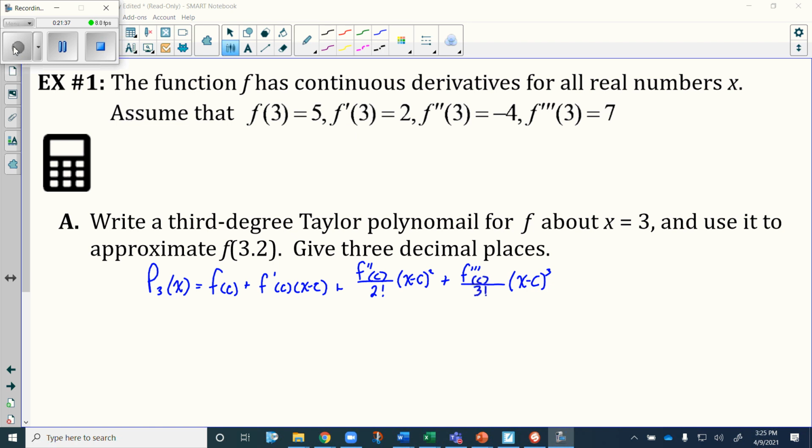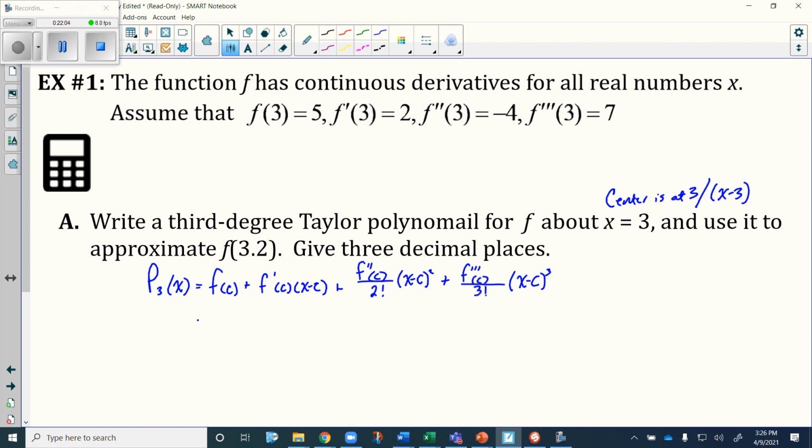So I'm going to have some expression that says x minus 3 to represent the center, and that's what I'm going to be using for my substitution here.